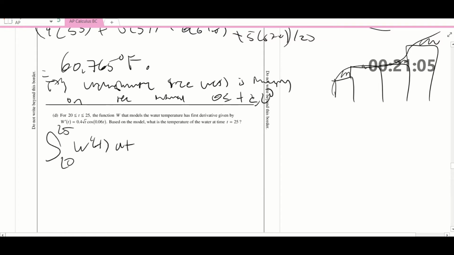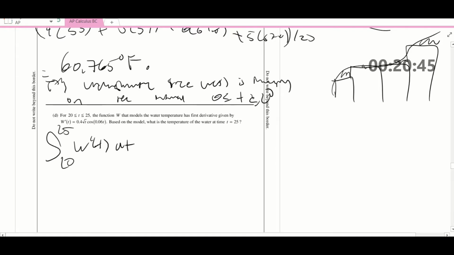We can just plug this into a calculator, and that's what I am going to do. 0.4 times the square root of x, I'm using x instead of t because it's just easier for me, times cosine 0.06x dx.